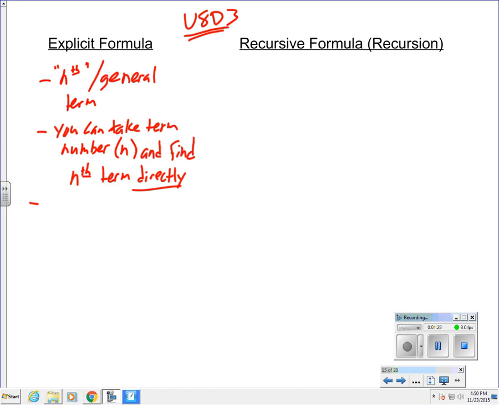Right, so one thing you ask yourself is, if I was asking you to find the 100th term, if you have an explicit formula, that's no problem.